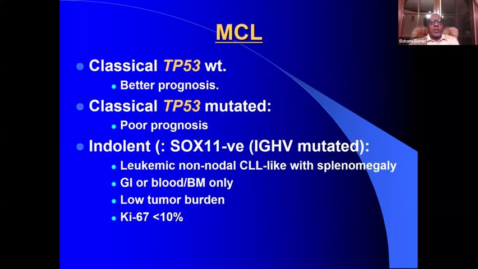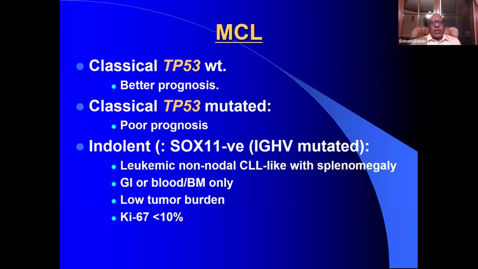So, mantle cell lymphoma. It could be classical: TP53 wild type, no mutation, has a better prognosis. Classical TP53 mutated indicates poor prognosis. Indolent is typically SOX11 negative, IGHV mutated.